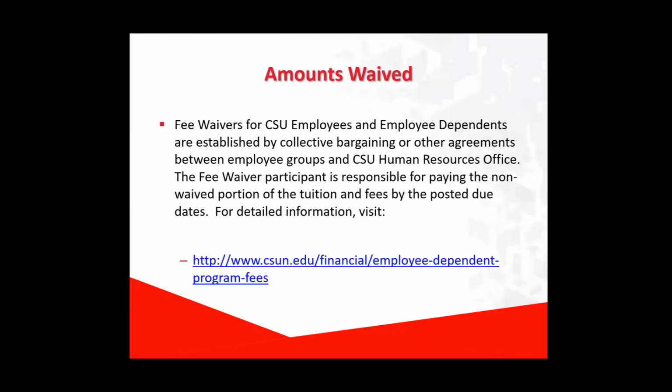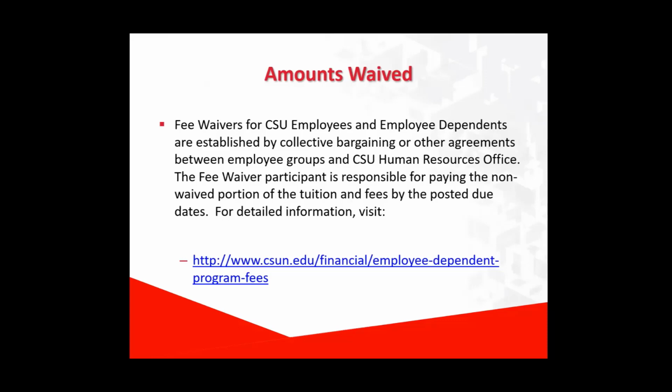Student Accounting regularly updates the fee waiver for each bargaining unit. A lot of the time, those fee waivers are based on your bargaining agreement with the Chancellor's Office. We periodically update the information, so you can click the link below to get the most current information.